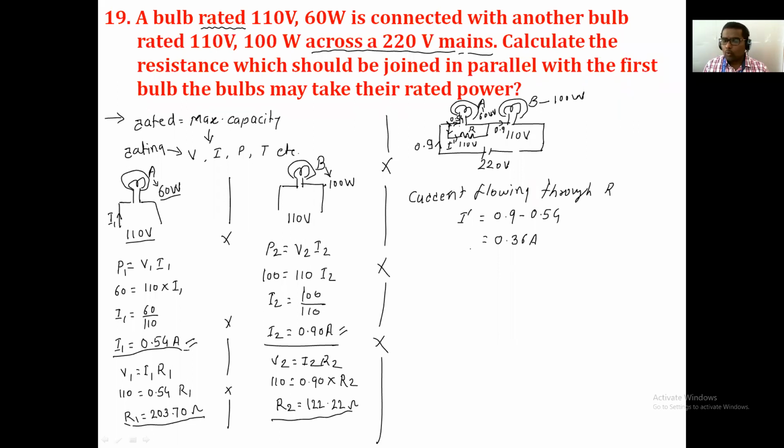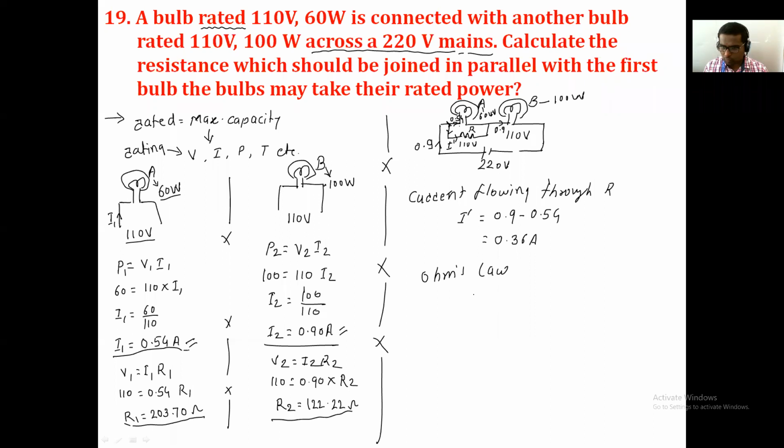And now once we know the current flowing through this unknown resistance R, we know the voltage across this unknown resistor R. Can you calculate the value of this unknown resistor R? Yes, sir. Apply Ohm's law. See the number of times we use that.